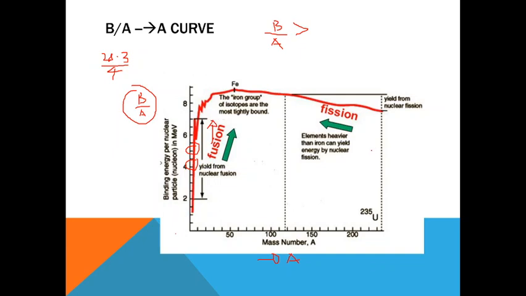If I am able to break a heavy atom into two parts, then I have fission fragments which are in the mid range and my B by A increases. So B by A can be increased in two ways. One is fission, and another is fusion.